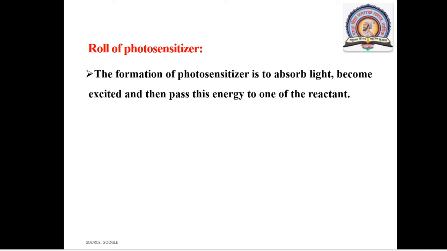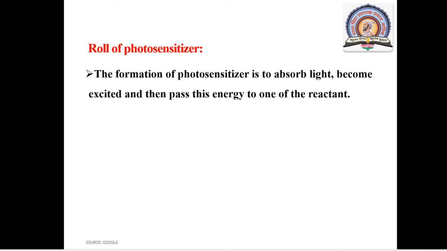The function of the photosensitizer is to absorb light, become excited and then pass this energy to one of the reactants. What is the role of photosensitizer? If a reaction has reactant and product, the photosensitizer is able to absorb light and become excited.